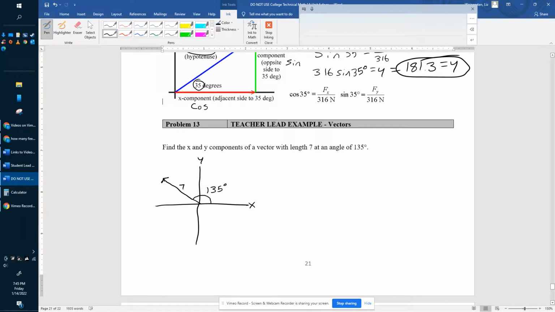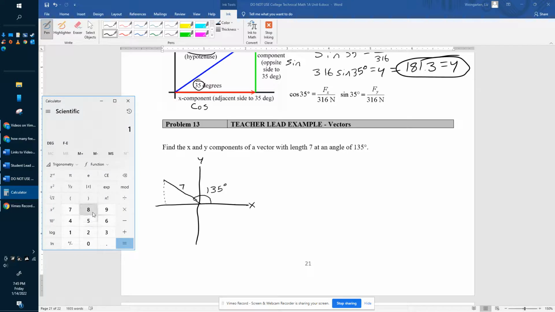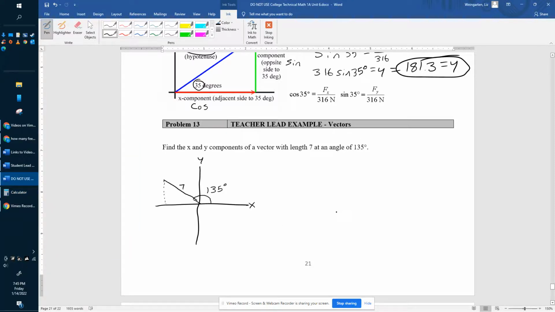So we're going to make a triangle. What is this angle right here? It's going to be 180 degrees minus 135, which is 45 degrees. So our internal angle here inside our triangle is 45 degrees.